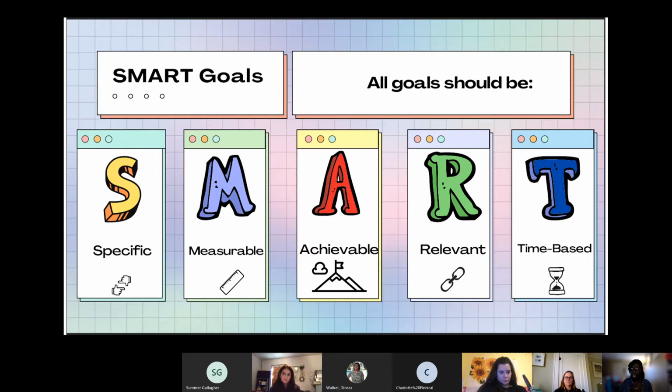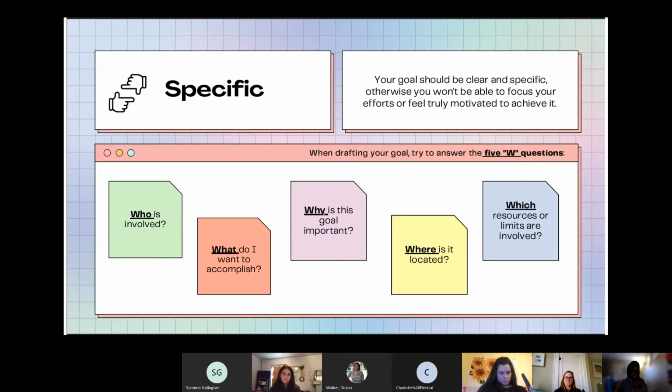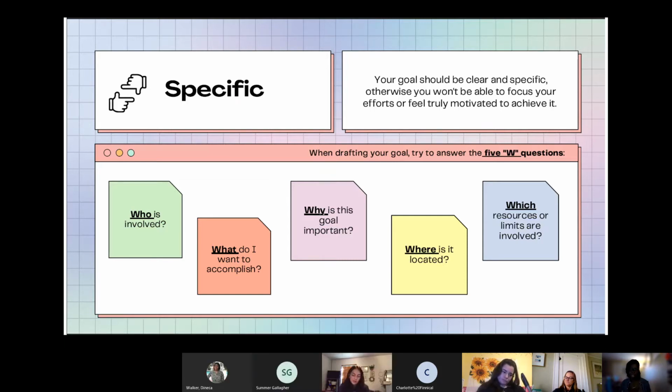or have these 5 components. So for specific, the first letter, a goal needs to be clear and specific. Otherwise, you're not going to be able to really focus your efforts or really be motivated. When you're thinking about how to make a goal specific, you have to think about the 5 Ws.